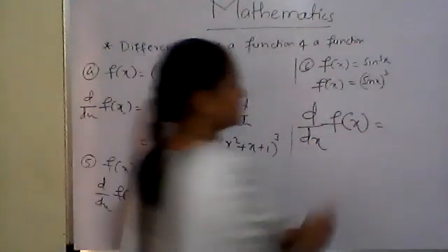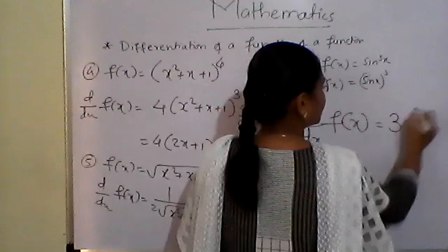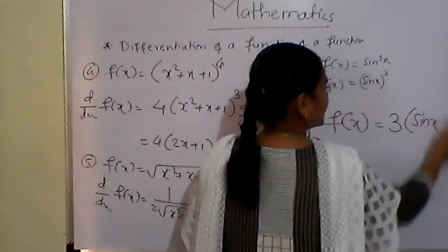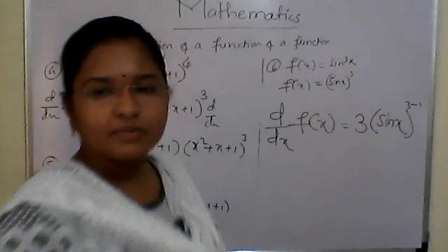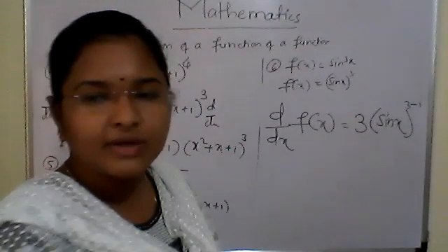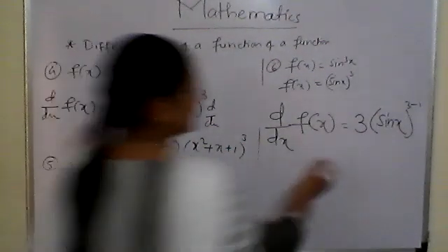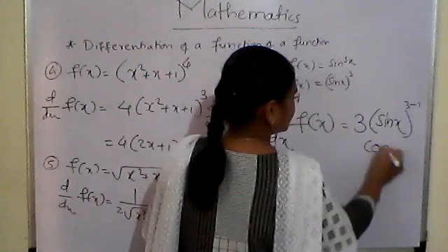Correct. The derivative is sin x to the power 3 minus 1, into the derivative of sin x. It is cos x.